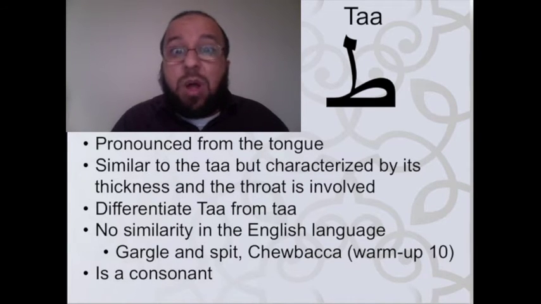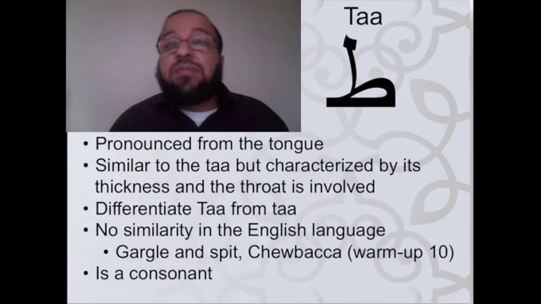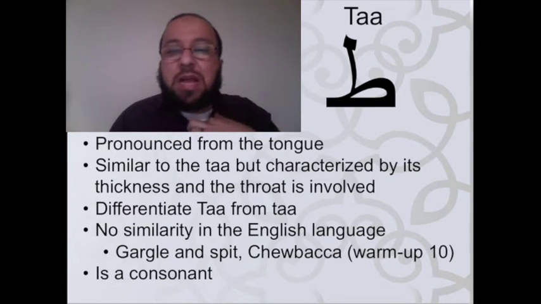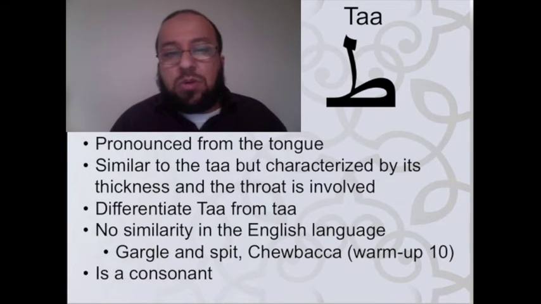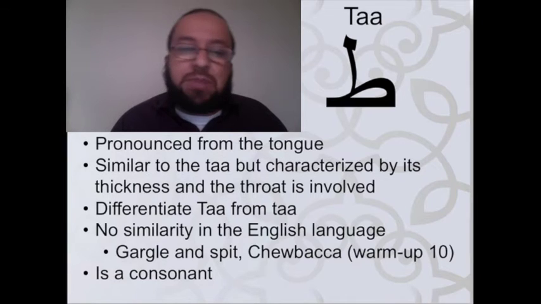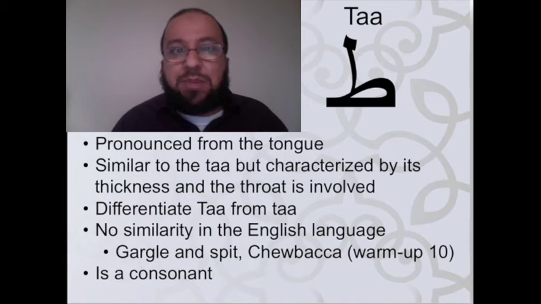That's the letter ba. We have to differentiate the sound of the letter ta from the letter ba. So first I'm going to pronounce the letter ba, because that's the way I have it written in my PowerPoint presentation, and then I'm going to pronounce the sound of the letter ta.